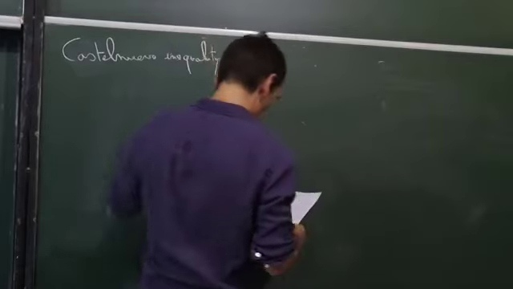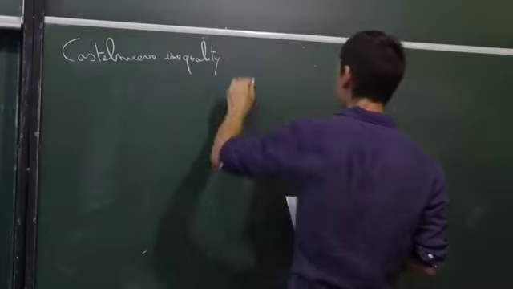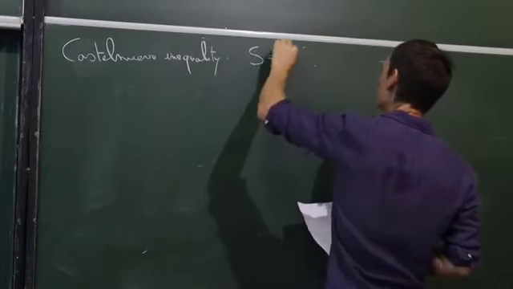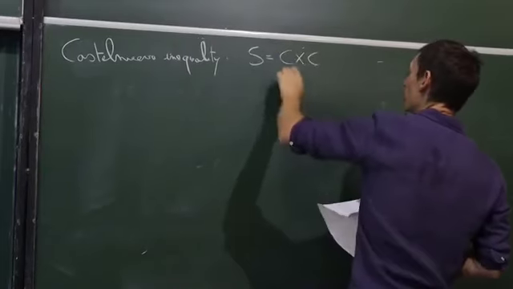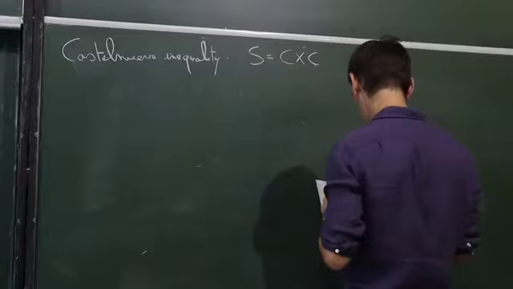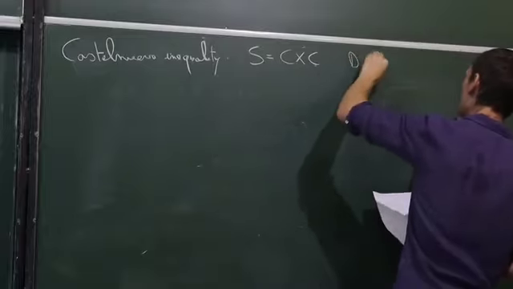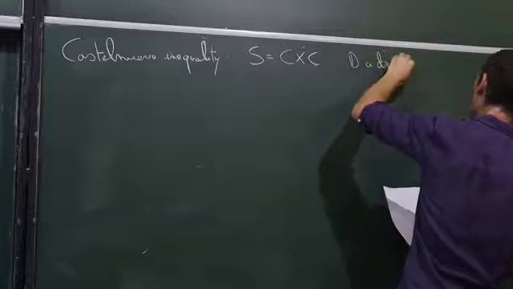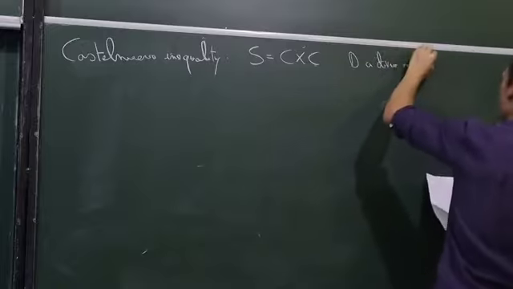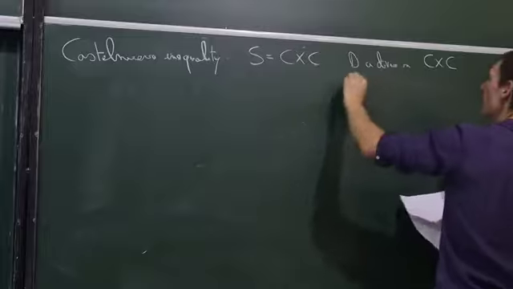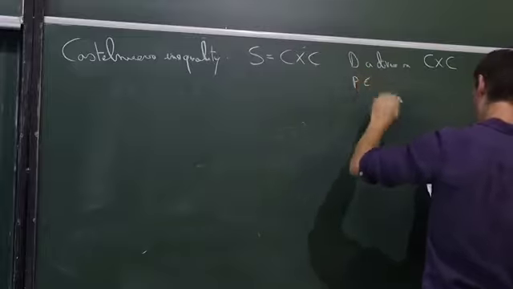And this one is specific to the surface C times C. So here S now is going to be the product of C with itself. And I'm going to take D, a divisor on C times C, and P is just a point on the curve.